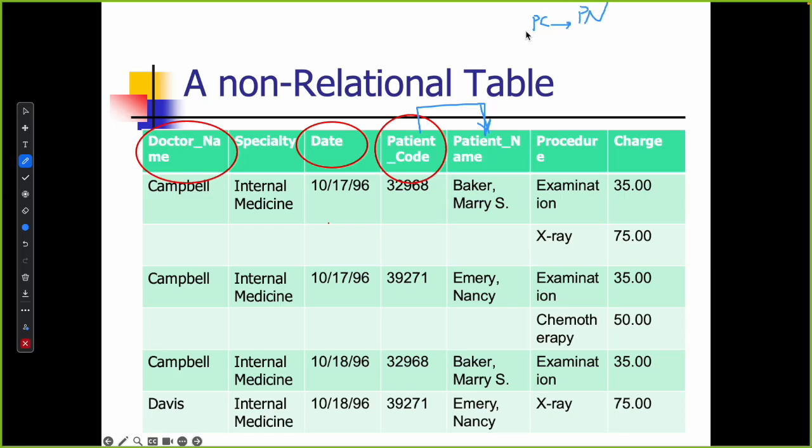In your exam, please be careful with this direction, right? So you cannot write patient name, patient code, this is not correct, because this means patient name can uniquely identify patient code, which is not correct, right? If I tell you a patient name, 2 patients may have the same name, right?